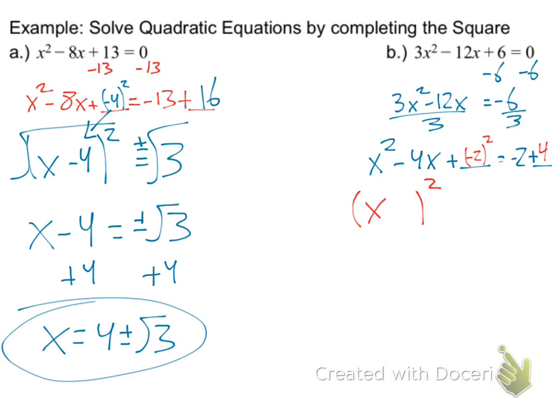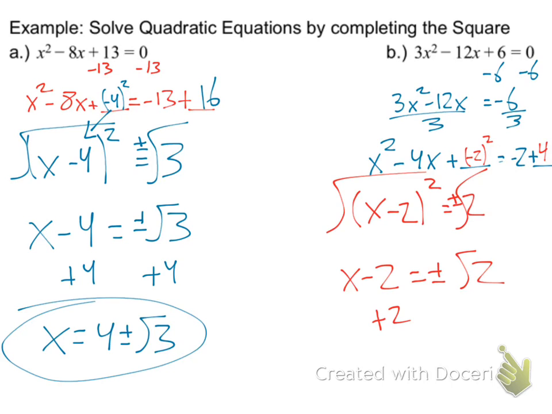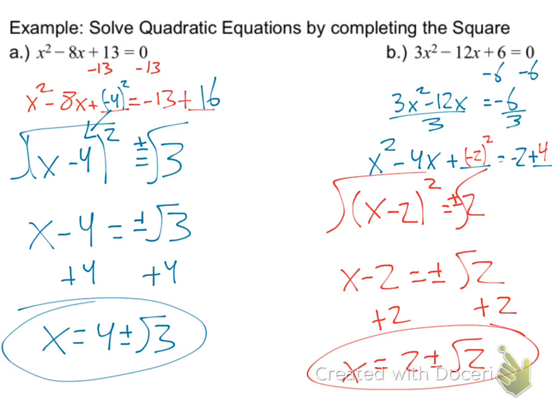X minus 2 squared equals 2. And then we just square root. Don't forget plus or minus: x minus 2 equals plus or minus the square root of 2. And then add 2. So x equals 2 plus or minus the square root of 2. And we are done.